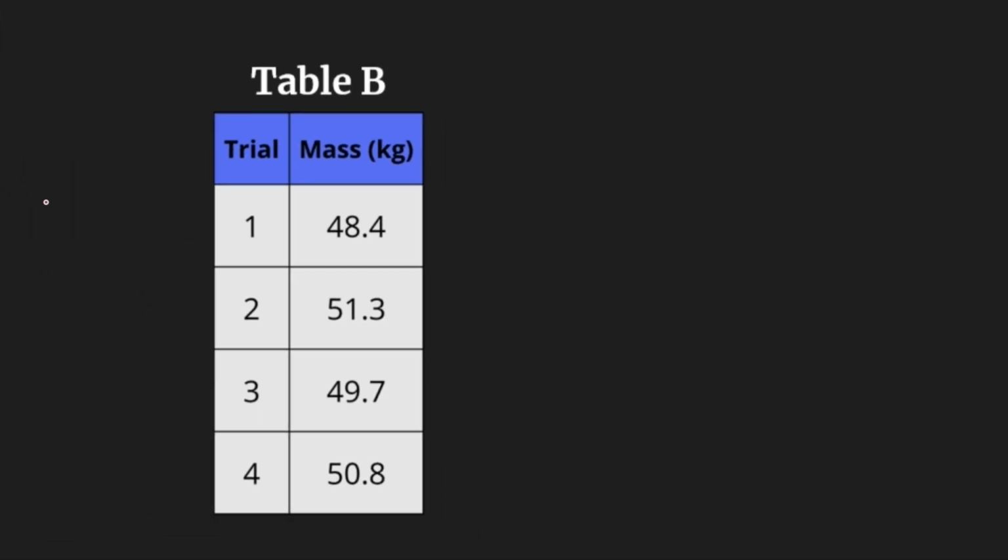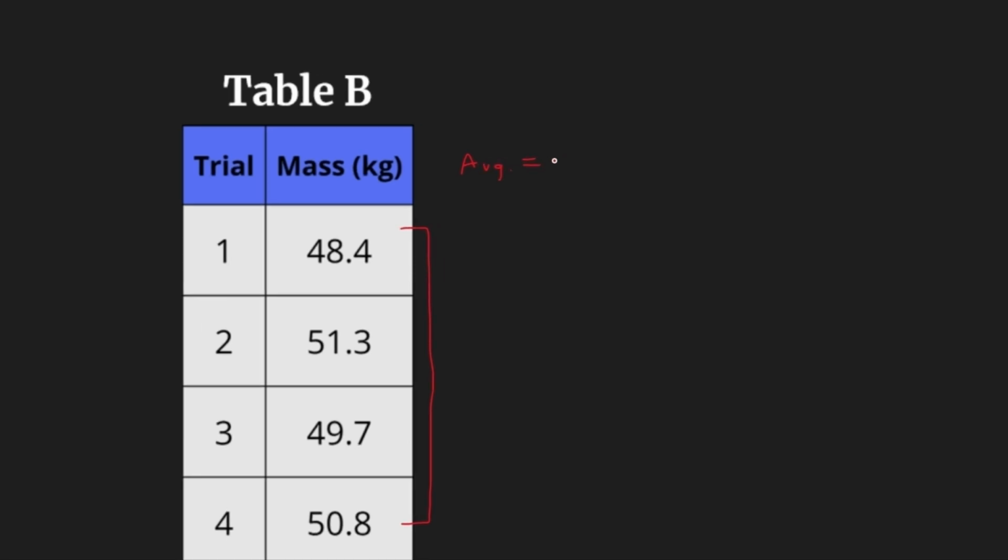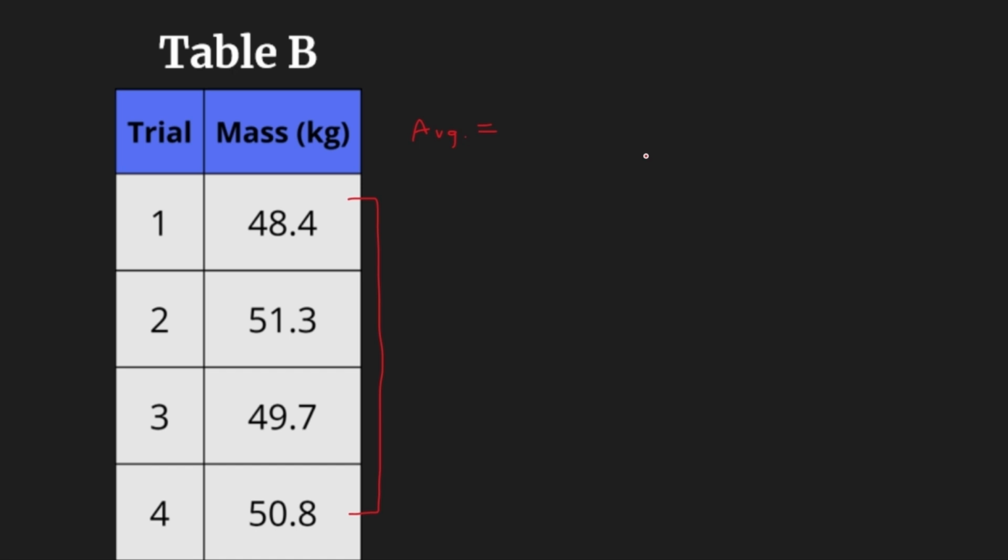Now that we have this, let's calculate the average in table B, which again follows the same steps, just with different numbers. So the sum is 48.4 plus 51.3 plus 49.7 plus 50.8.